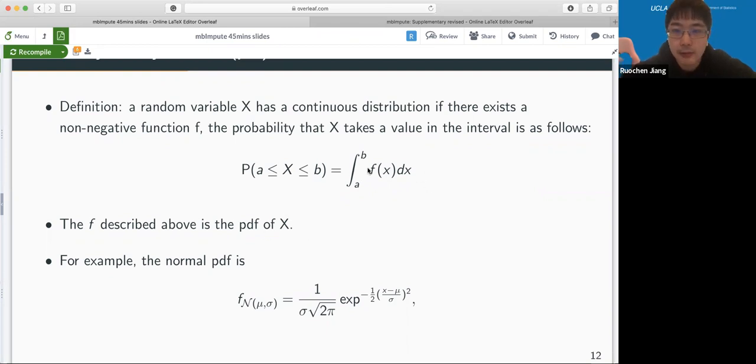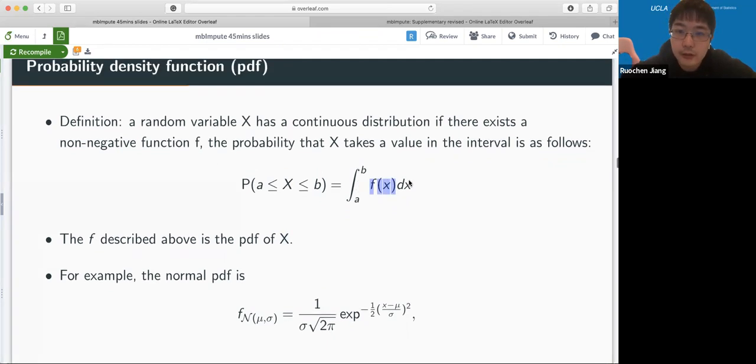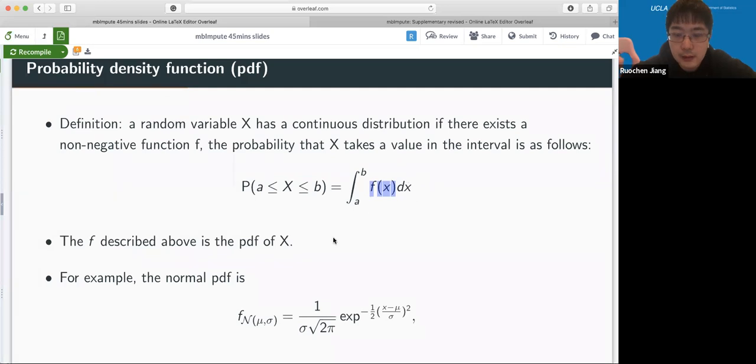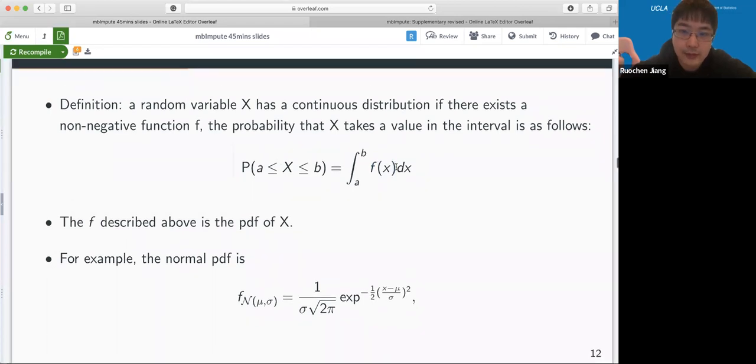The f described above is called the PDF of X. This PDF is defined only for continuous variables. So if the random variable takes on continuous values, for example, is defined on the real line, it will have something like this.